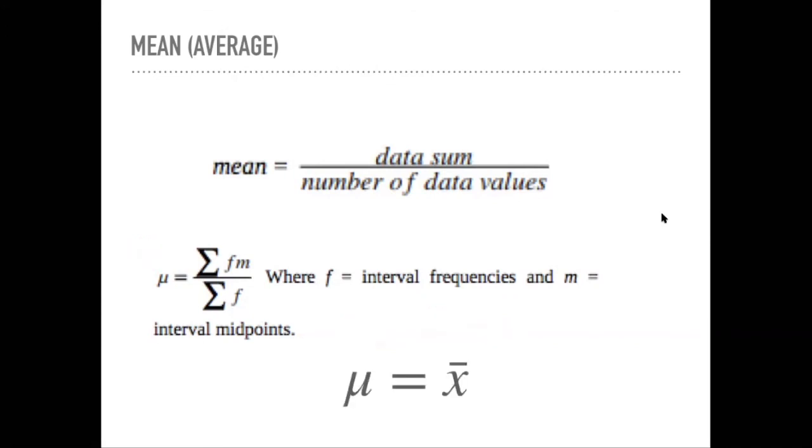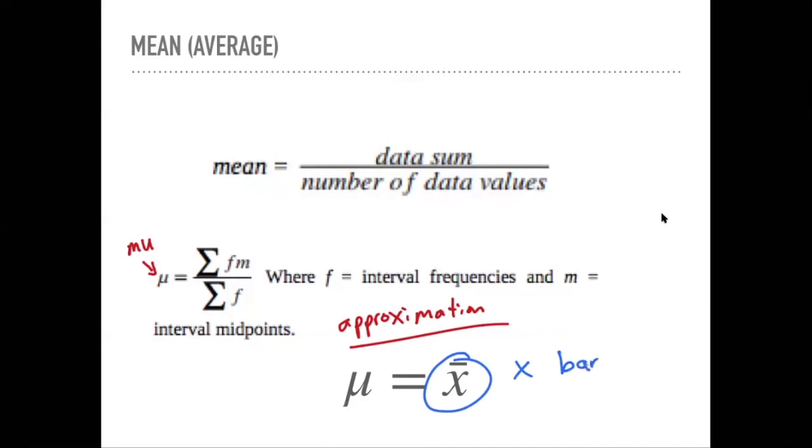Now, you're also going to see sometimes another symbol, x bar. This symbol is pronounced x bar, and this is our sample statistic. So mu is talking about the population, so this would be a parameter, and then x bar is talking about a sample, so this would be a nice example of a statistic.